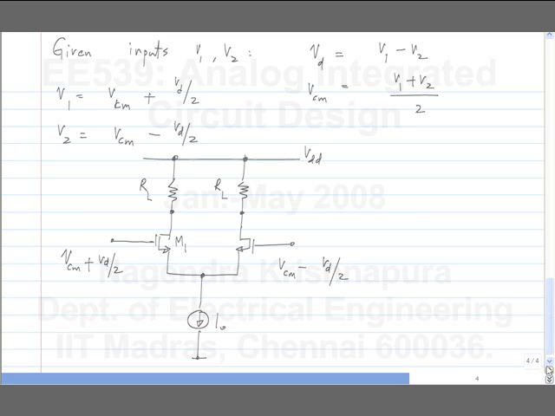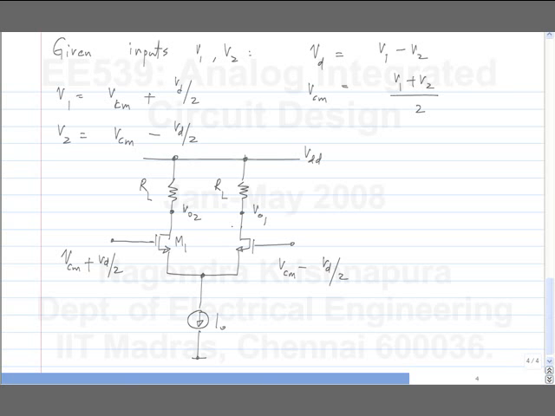So what will happen if VD is very large? How do you think the circuit will behave? Like what will happen to the output voltages VO1 and VO2? What will be VO1 and VO2 when the differential input is 0? Same. And what is that equal to?